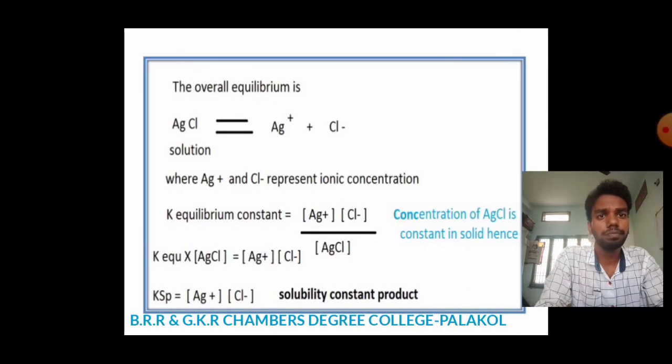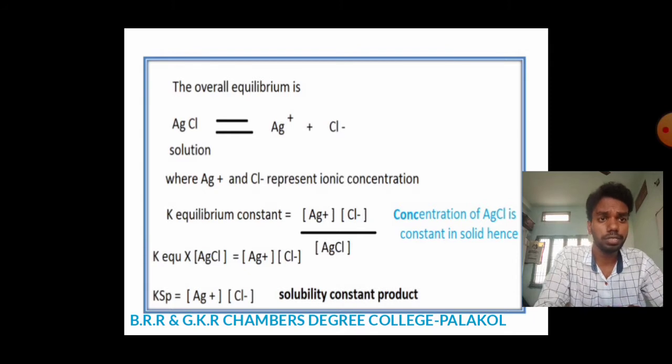The overall equilibrium is AgCl in equilibrium with Ag+ and Cl-, where Ag+ and Cl- represent the ionic concentrations. The equilibrium constant is the product of the concentrations of products divided by the concentration of reactants: the concentration of Ag+ and the concentration of Cl- divided by the concentration of AgCl.